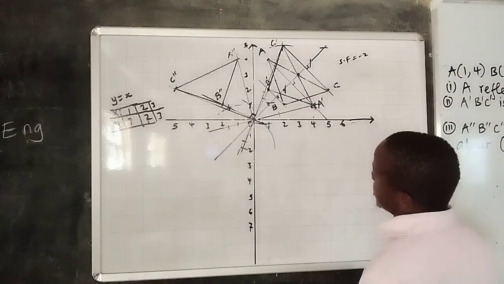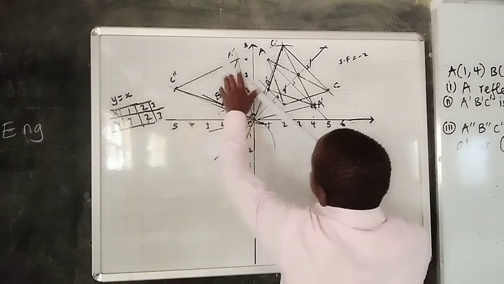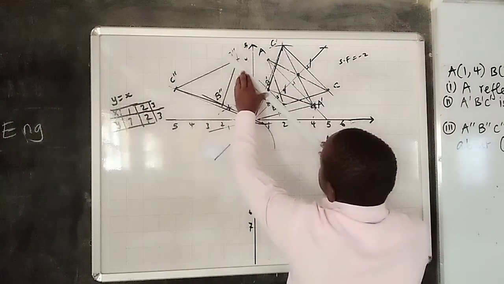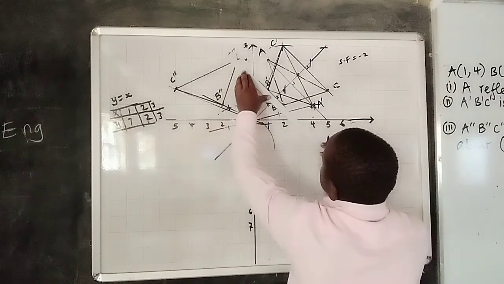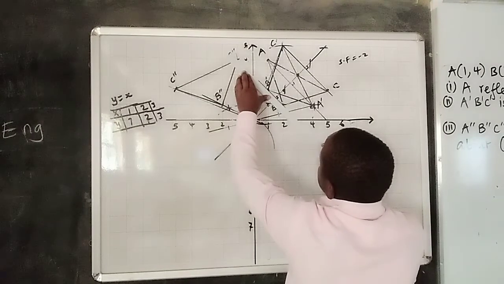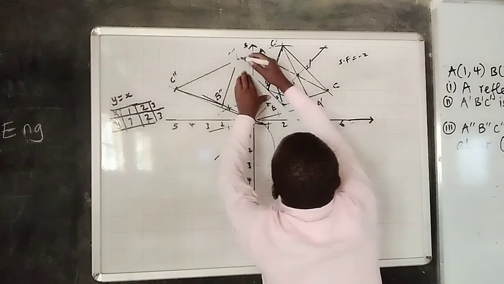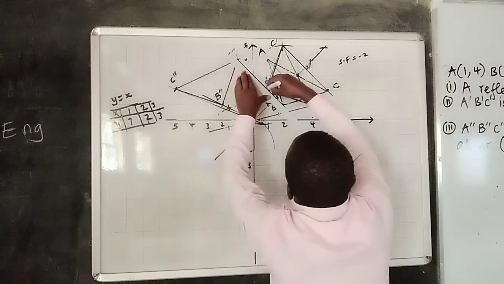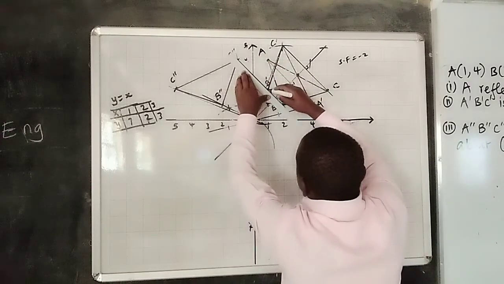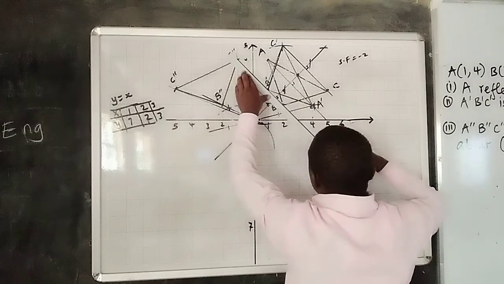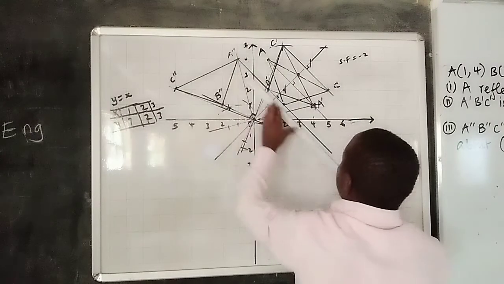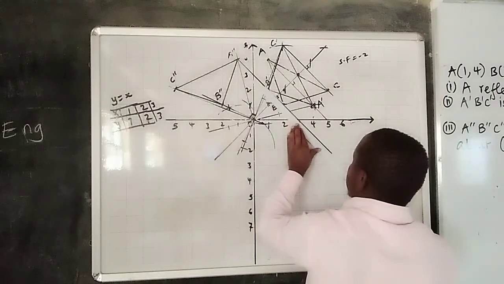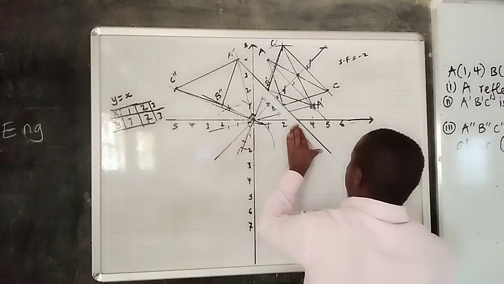on the opposite side. Therefore, if we start with A, we bring A to the center of enlargement like that. We just prolong the line, just prolong without worrying.